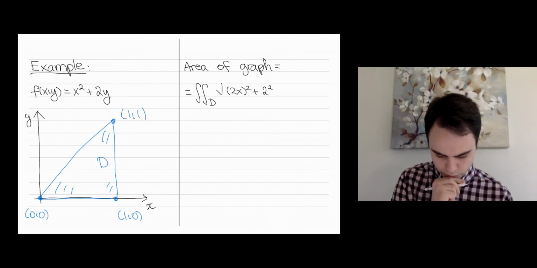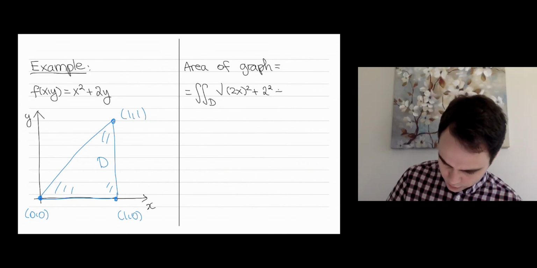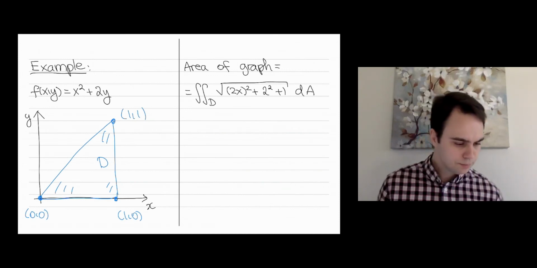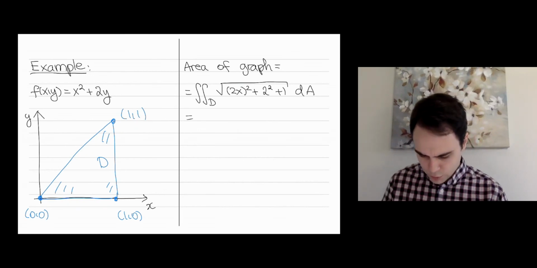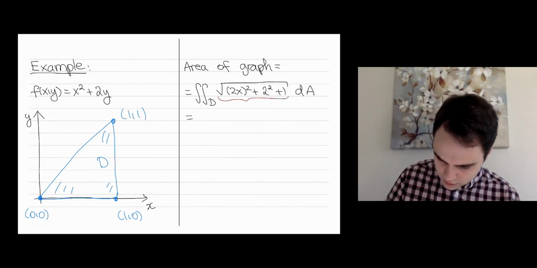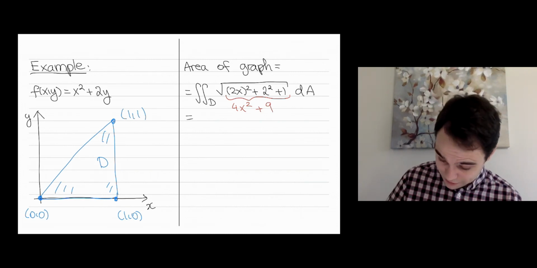The derivative of 2y with respect to y is just 2, plus 1, with respect to dA. So the thing inside the square root can be simplified. It is 4x squared plus 4 plus 1, so 4x squared plus 5.